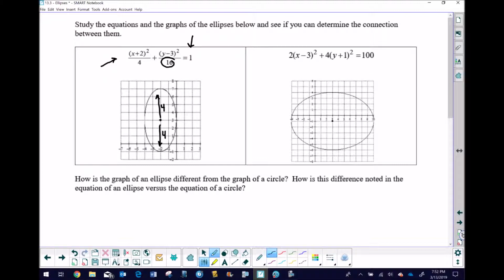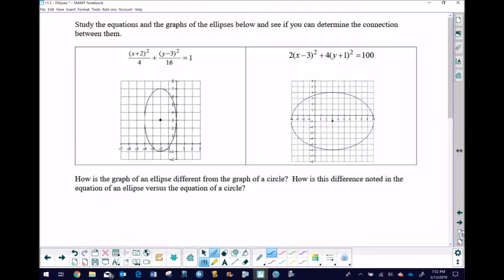So we count 4 each way because the square root of 16 is 4. If you take the denominator of the x and take its square root, 2 in this case, that's how far you would count in the horizontal direction. Once you do that, you've got the information to graph the ellipse.